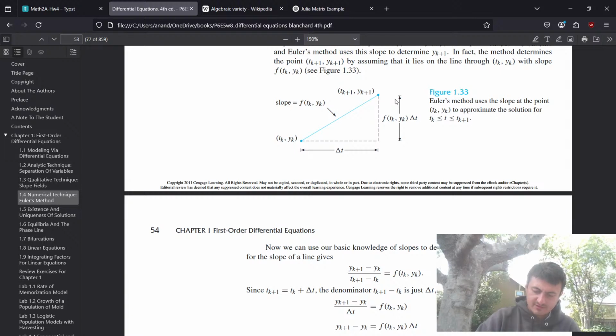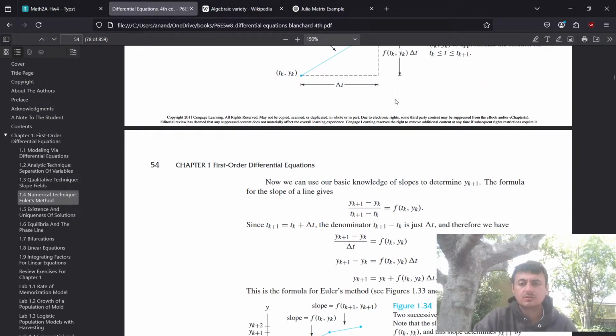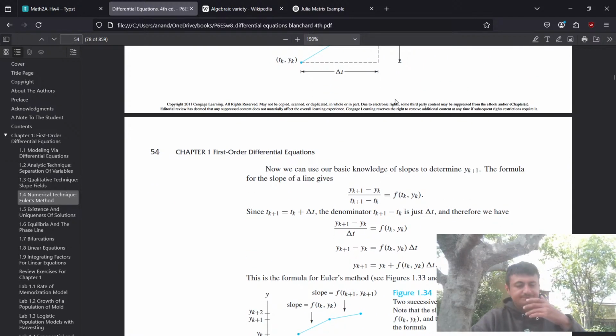Then what we have is... okay, yeah, sure. That tells you how far to go.